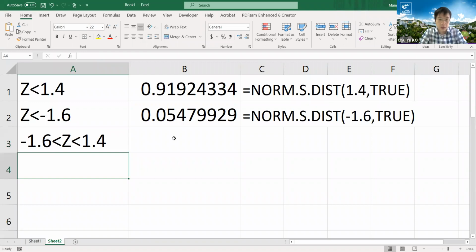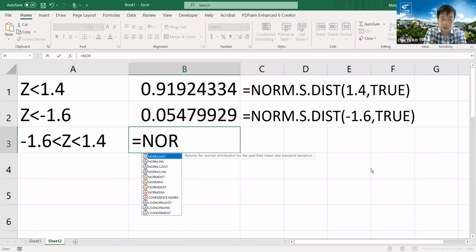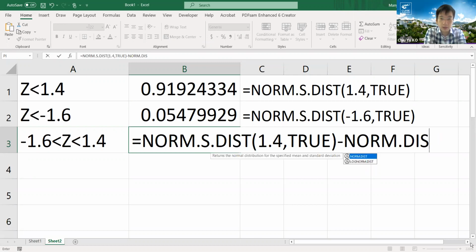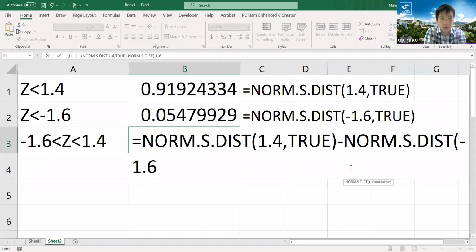So that will be NORM.S.DIST of 1.4, TRUE, minus NORM.S.DIST of negative 1.6, TRUE.